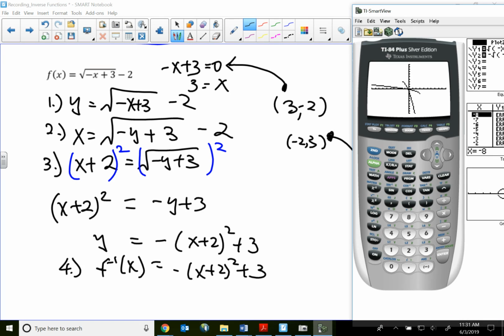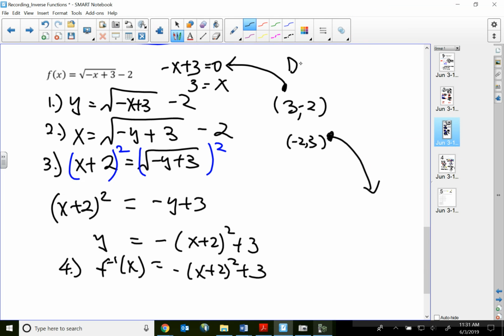Okay, think about this. My domain for my original function f was from -infinity to 3. When I interchange the x and y coordinates, I'm also interchanging the domain and the range. So if this was the domain, then the same value has to be the range of my inverse.